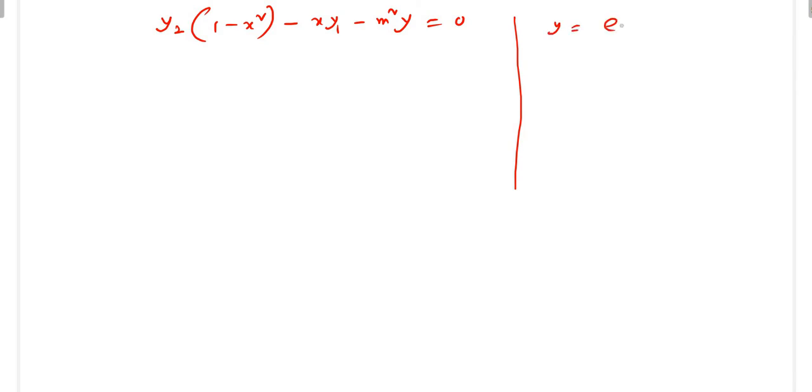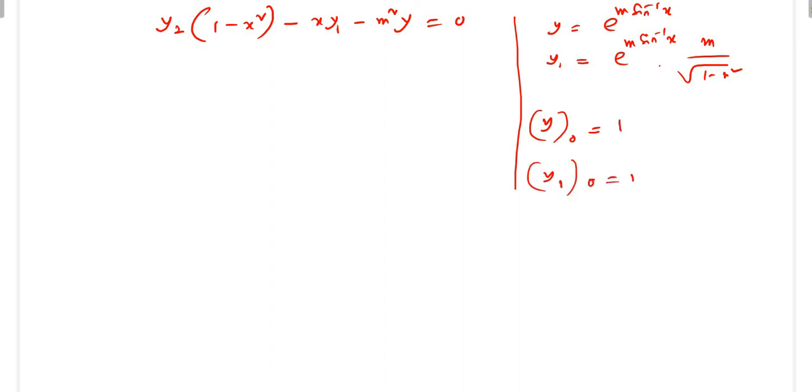The result was y2 into 1 minus x square minus x y1 minus m square y equal to 0, and y was e to the power m sine inverse x, y1 was e to the power m sine inverse x into m by root over 1 minus x square. So y at 0 equal to 1, y1 at 0 equal to m.